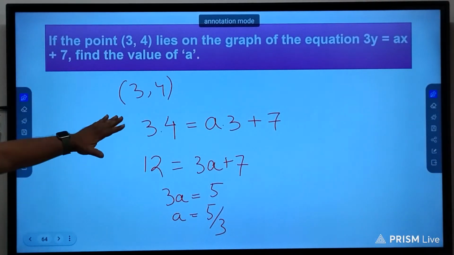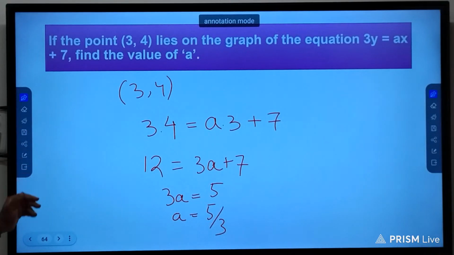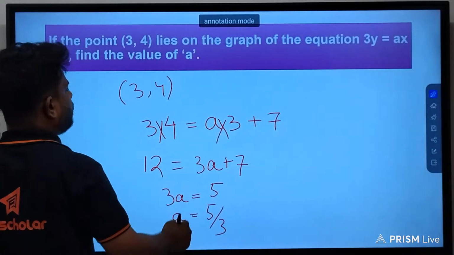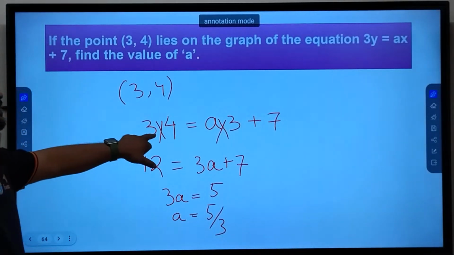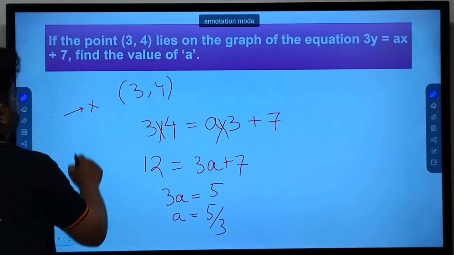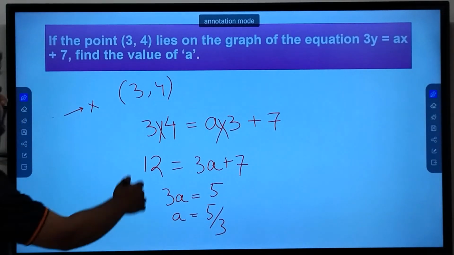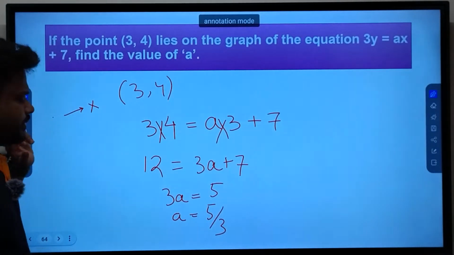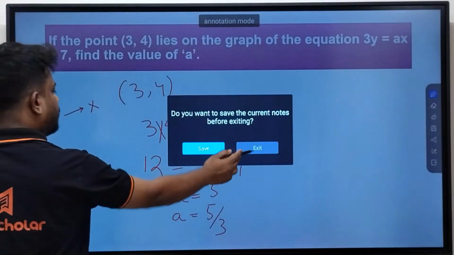Simply, this one is pretty simple. Okay, what we have done is just put the values in, and you can use the dot for multiplication. Dot represents multiplication, or you can give the actual multiplication sign. Okay, let's go to the next.